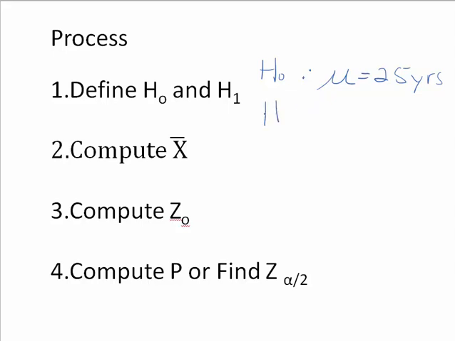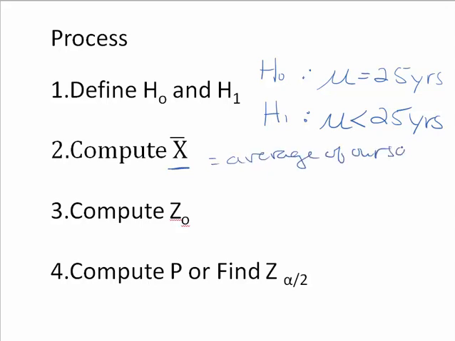Our alternative hypothesis states that the mean is actually less than 25 years. So I have collected a bunch of data, and from that data we're going to compute x bar, which is just our average of our sample.